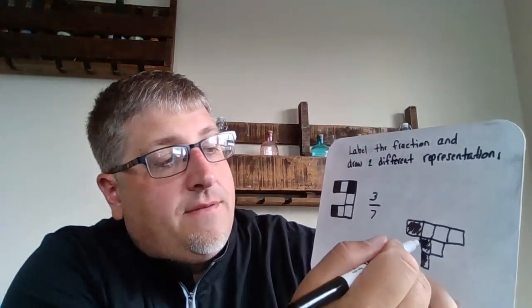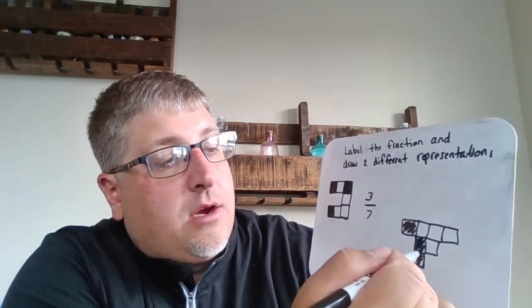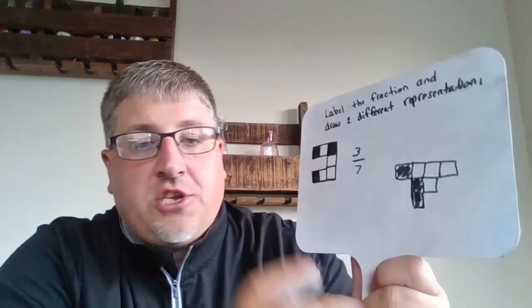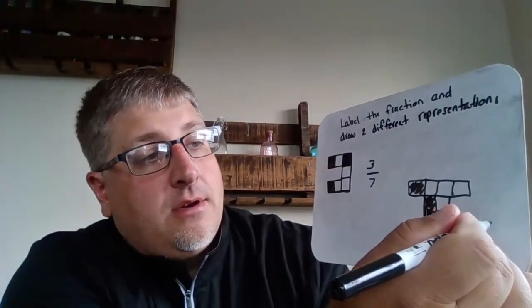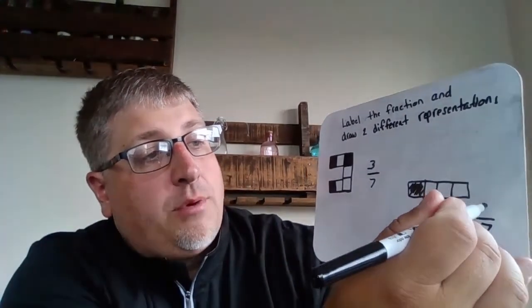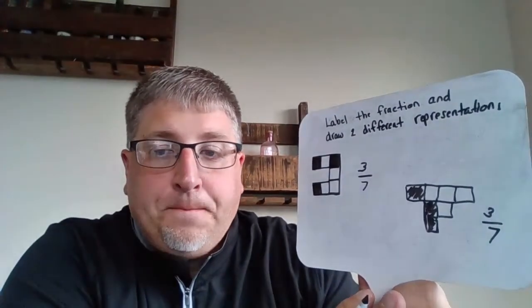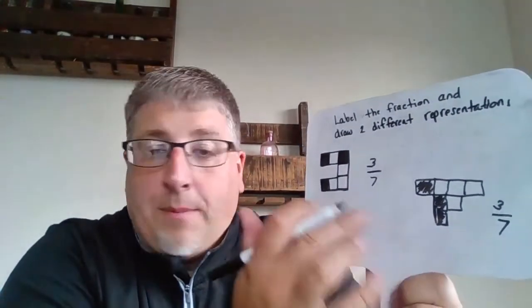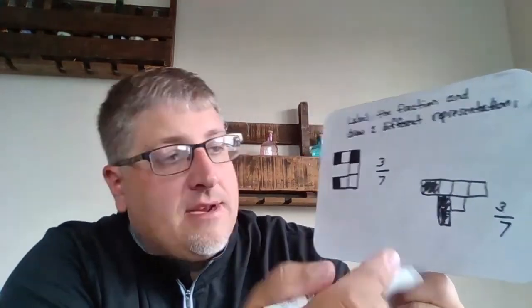I'm just doing this a little bit faster to show you, but that would be 3 colored in. So let's check it. We have 1, 2, 3, 4, 5, 6, 7. Excellent. We have 3 highlighted, 3/7. Okay? Those represent the same exact fractions, just the picture's a little bit different.